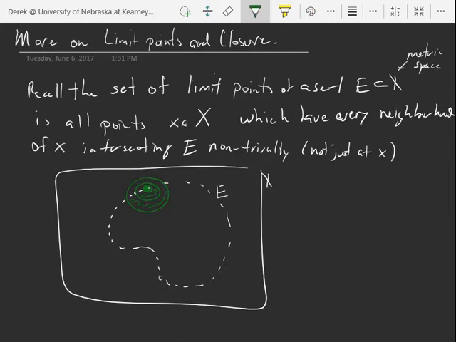That's what makes that point X a limit point, since all the neighborhoods meet E. Okay.